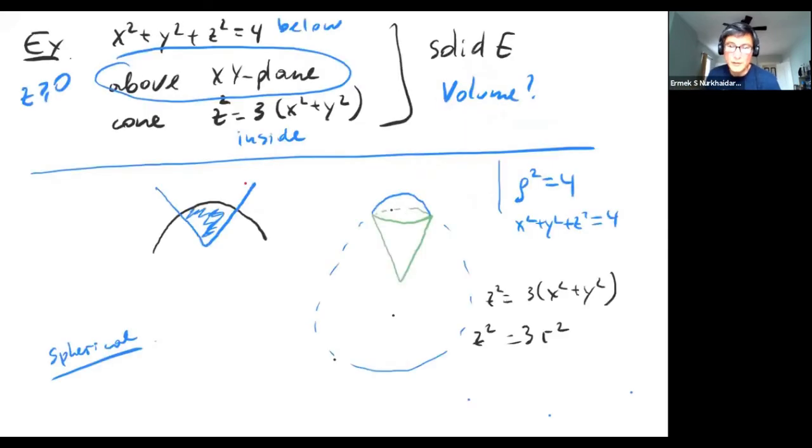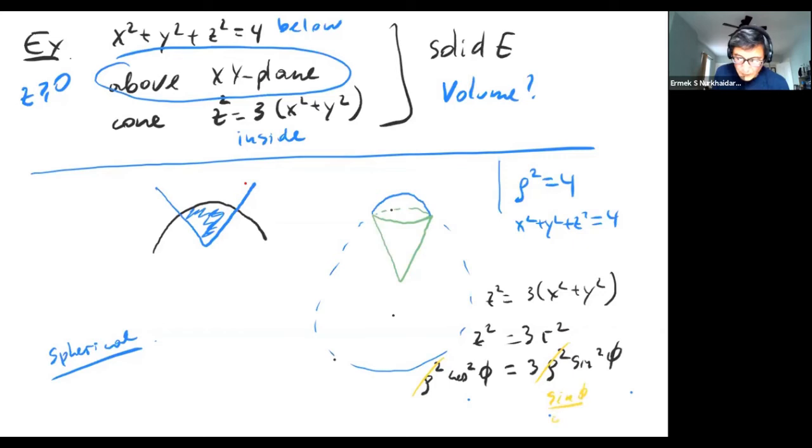So we have z squared equals 3r squared. So rho squared cosine squared phi equals 3 rho squared sine squared phi. Then the rho squared will be cancelled out, and we're going to get sine squared over cosine squared equals 1/3.